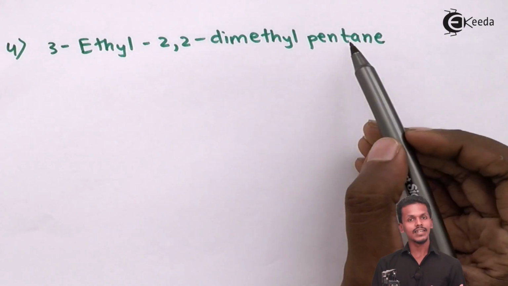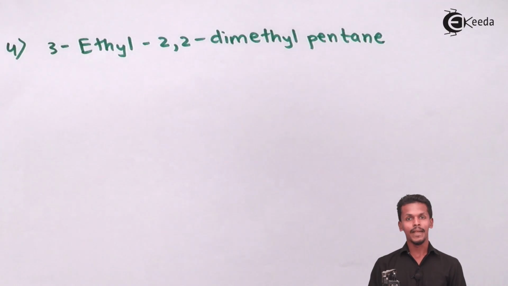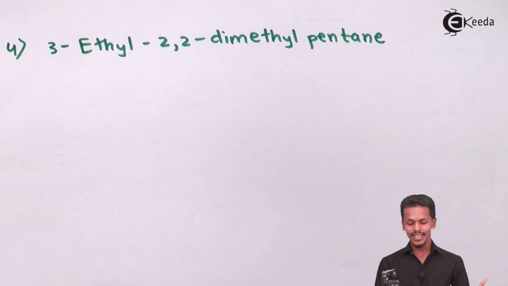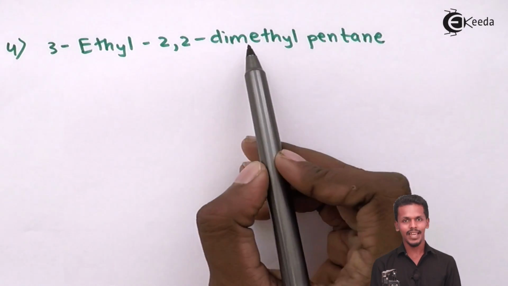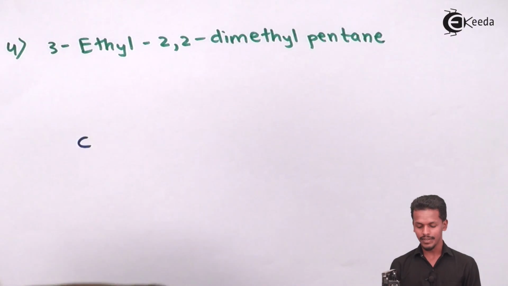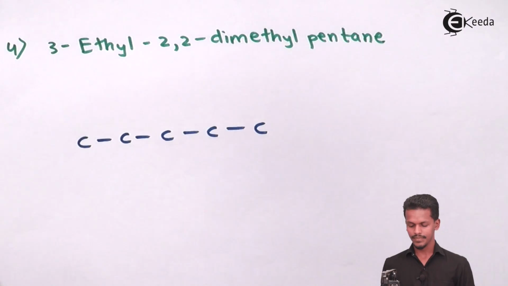Because the suffix says that it consists of pentane, and pentane consists of 5 carbon atoms in a continuous long chain, and we could write that first. In this case we don't have to write the substituents early because it is very easy, because ethyl is present and methyl is present. So we could directly write pentane as the straight chain 1, 2, 3, 4, 5.